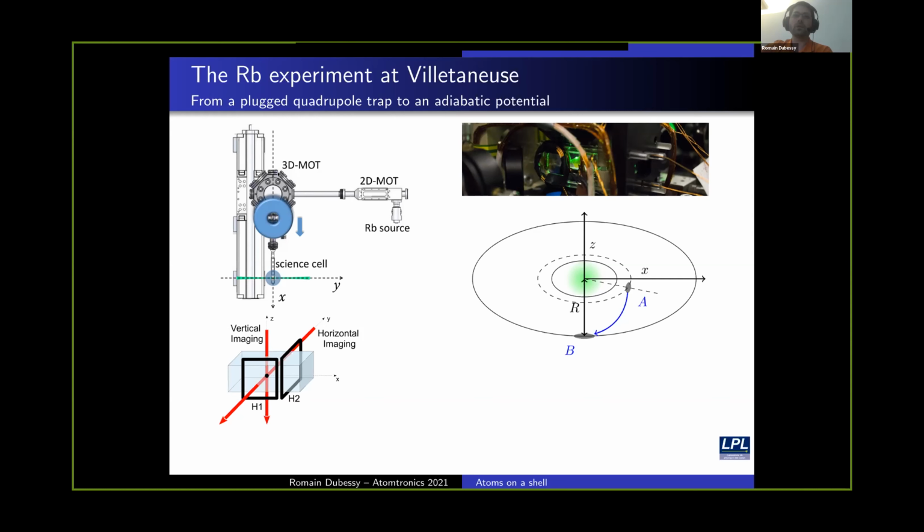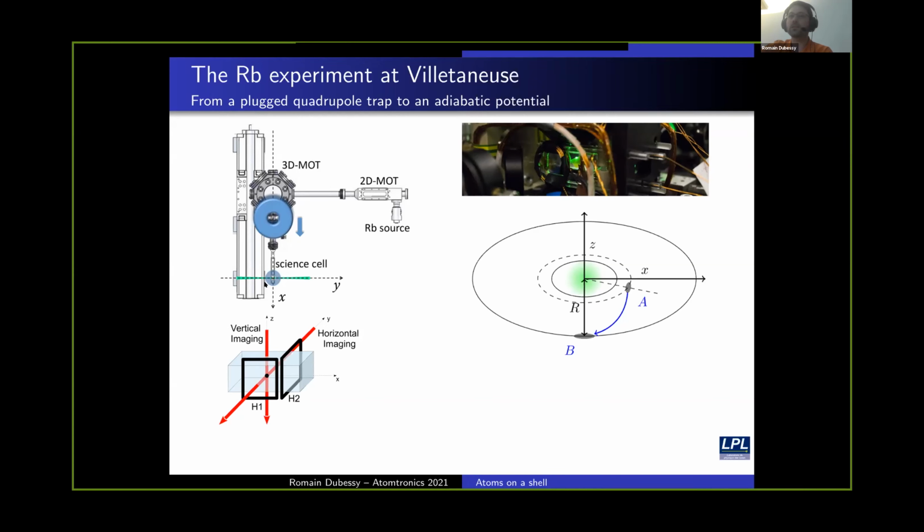Then we load the atoms onto a purely magnetic trap that is made of two large coils in anti-Helmholtz configuration that produce a quadrupolar field. These coils, the big blue disc here, are mounted onto a translation stage, and we move the atoms by about 30 centimeters to our science cell.